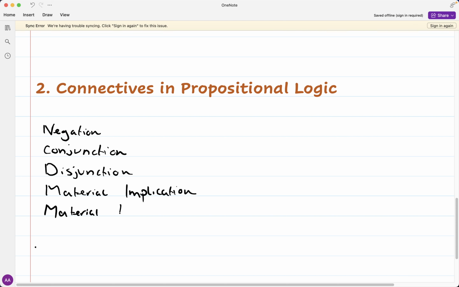Okay. Just like that. These are the 5 logical connectives that we're going to be concerning ourselves with.